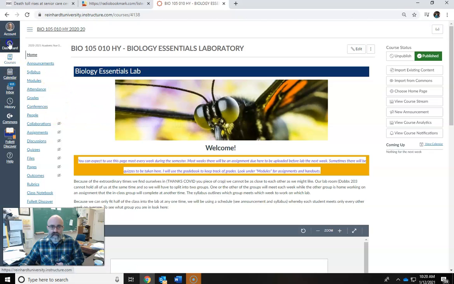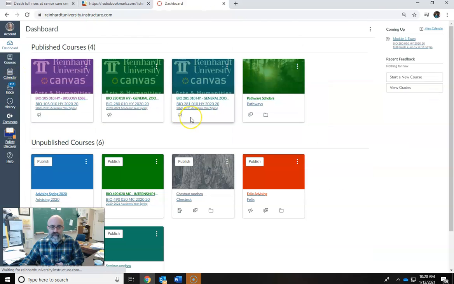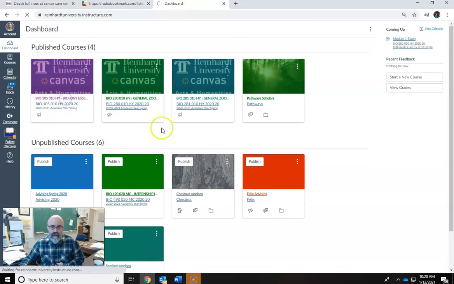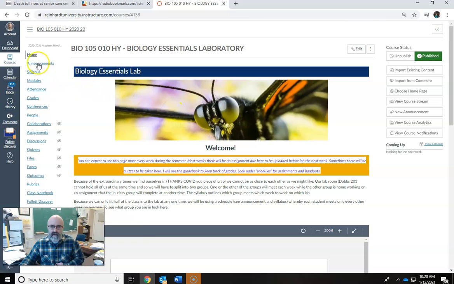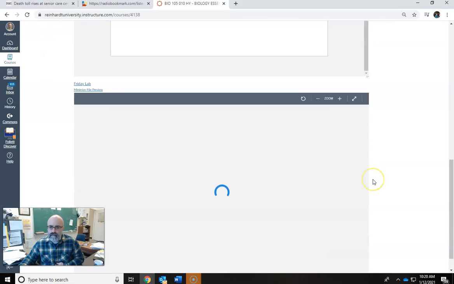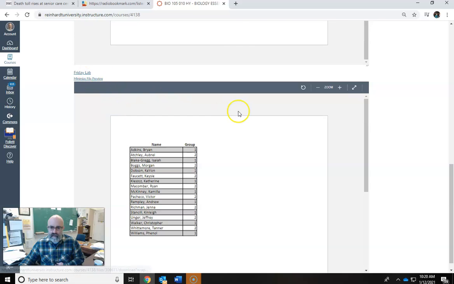If you sign into Canvas and you go to Bio 105, on the home page, scroll down, you're going to see two files. One for the Thursday lab, one for the Friday lab.